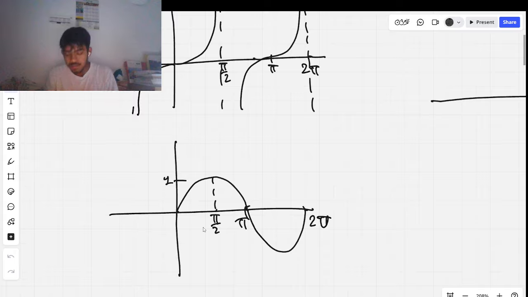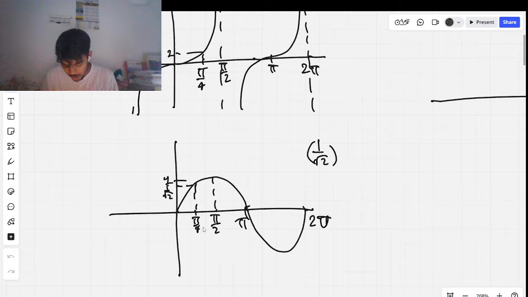So I need to look at what happens between 0 and pi by 2. I know that at pi by 4, tan reaches 1. And at pi by 4, sine is 1 over root 2, being less than 1. And by the way, that's going to be another point: 1 over root 2 to the power of 1.